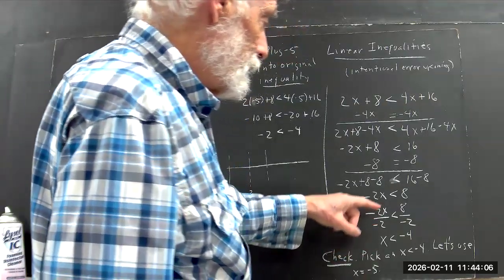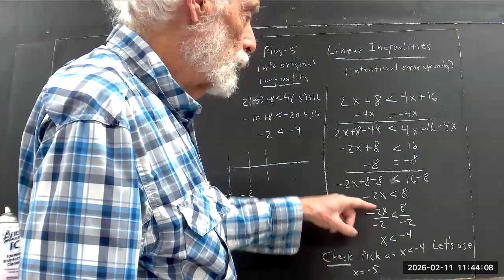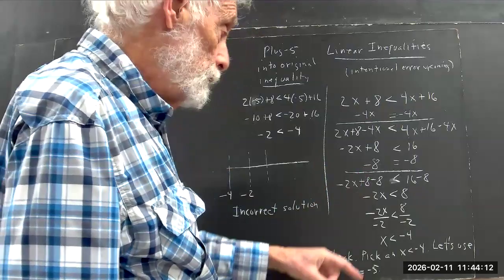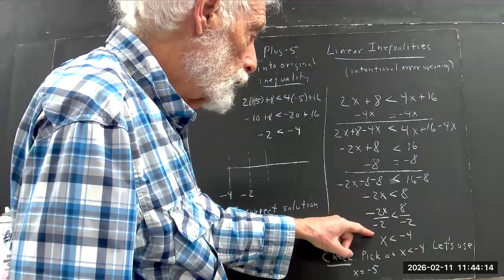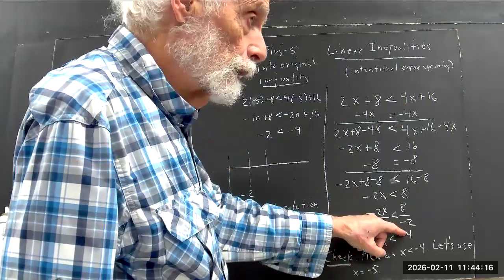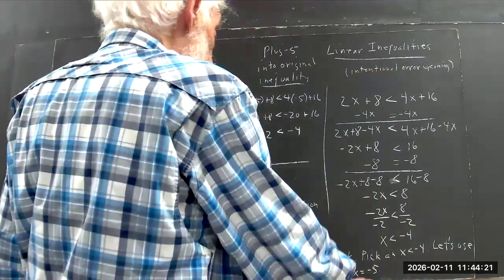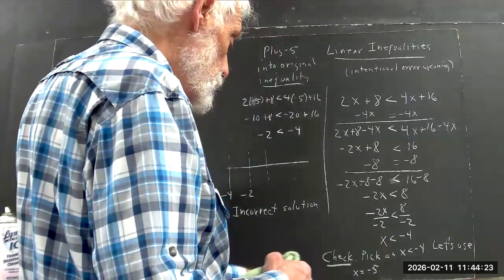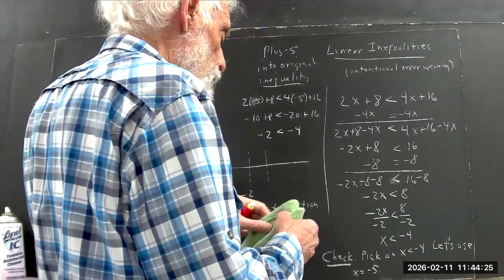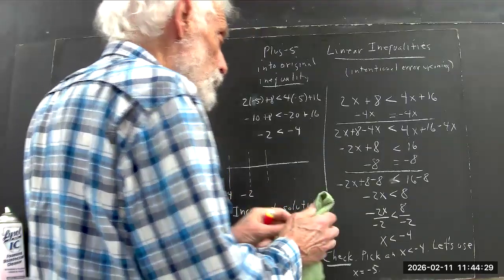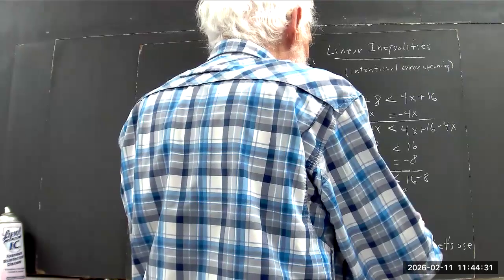So when I got -2x over -2, well, I started with -2x less than 8. Divided by -2, I had -2x over -2 less than 8 over -2. That's where I made the intentional error. When you divide or multiply by a negative number, the inequality switches direction.